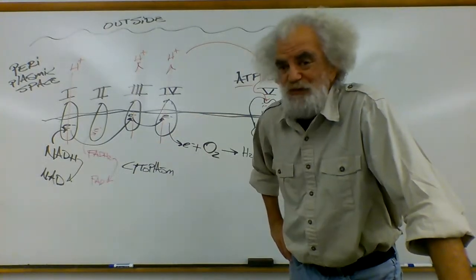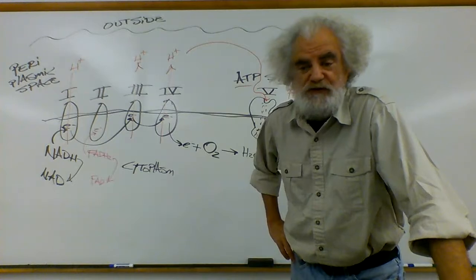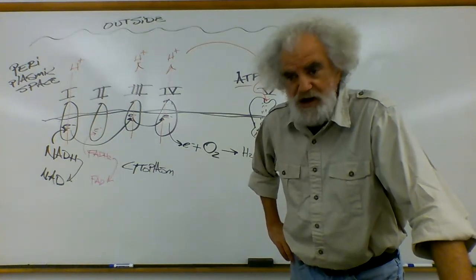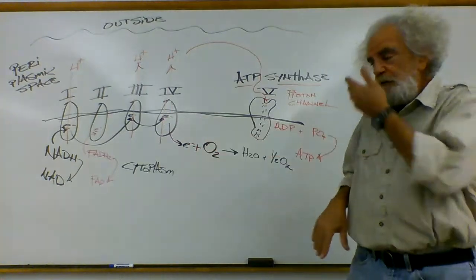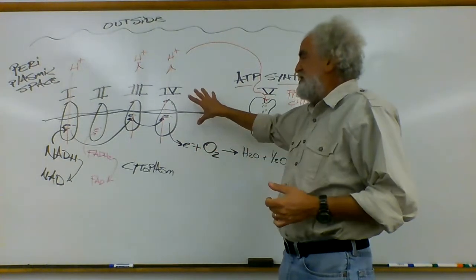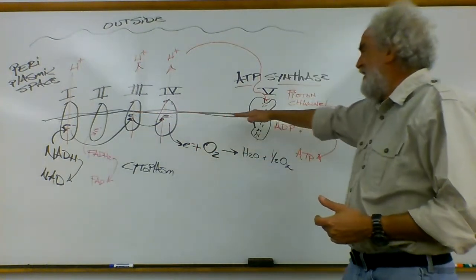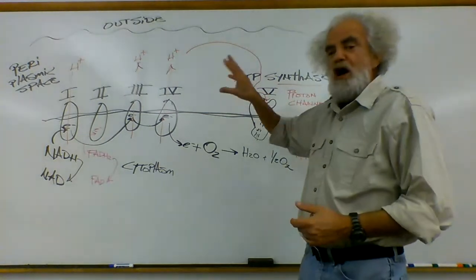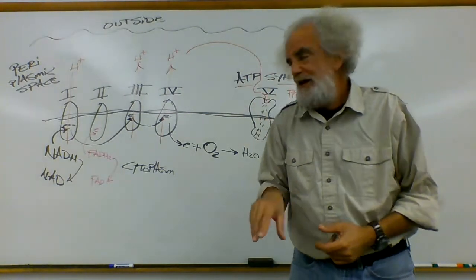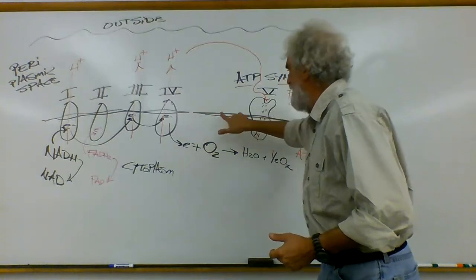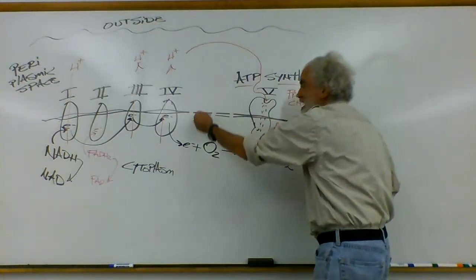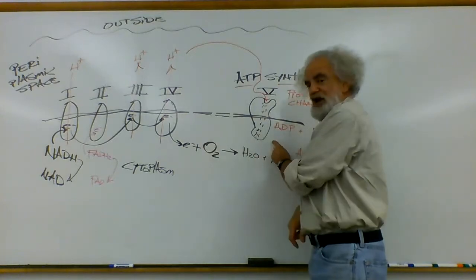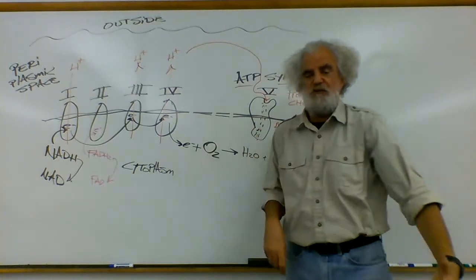You can mess with this pretty seriously and screw animals and plants and bacteria up really seriously by monkeying around with this. One thing is, this system is dependent on having a perfectly intact and proton-impermeable membrane. If we start to punch holes in this membrane, the protons can start zooming through here, not through the channel, not doing any work. They just come right back in.